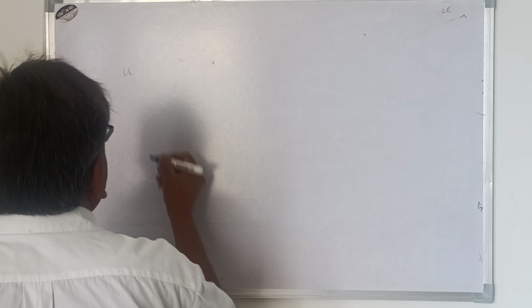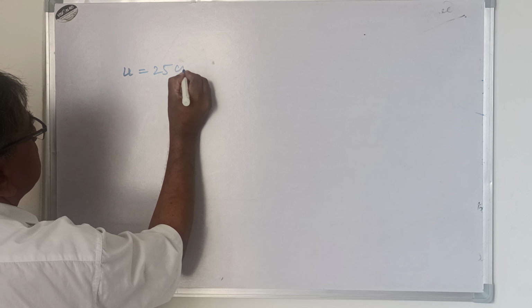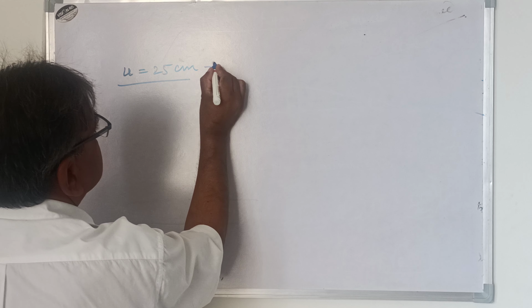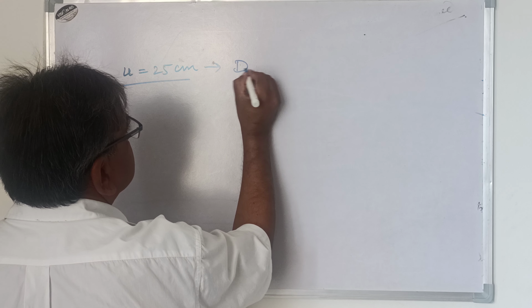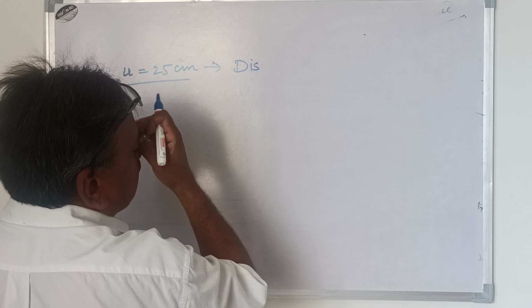Now this point is named. This 25 centimeter, u is equal to 25 centimeter, is called the near point.